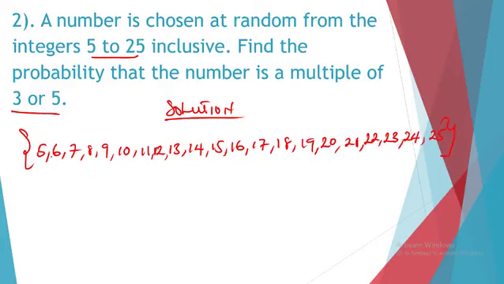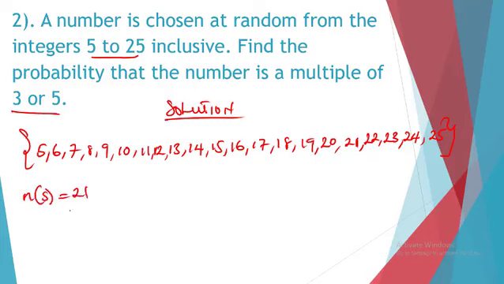Okay, how many are they? 1, 2, 3, 4, 5, 6, 7, 8, 9, 10, 11, 12, 13, 14, 15, 16, 17, 18, 19, 20, 21. So we have our number of sample space to be what?